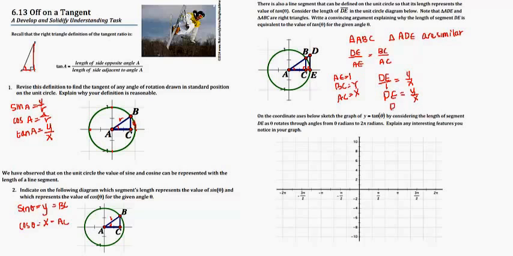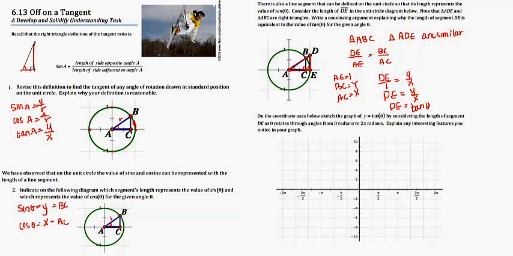So DE is equal to tangent of theta. So if you take your original triangle right here and you just extend it out so that the bottom length here is the radius, and then just extend those two sides so it's a similar triangle, this length DE is the value of your tangent.